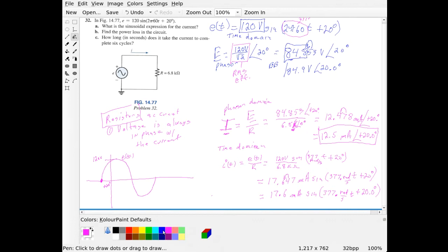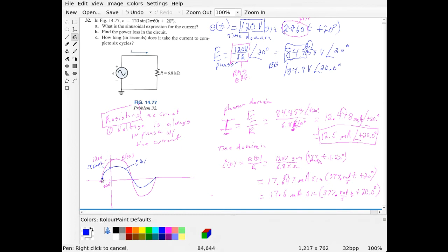And then if I wanted to draw the current, the current is also at plus 20 degrees. This is my current I of t, and its peak is 17.6 milliamperes.